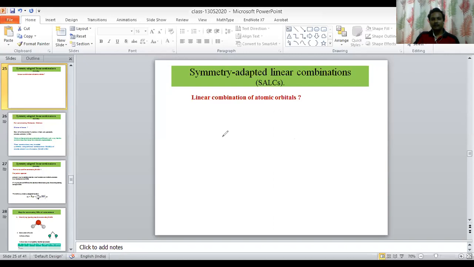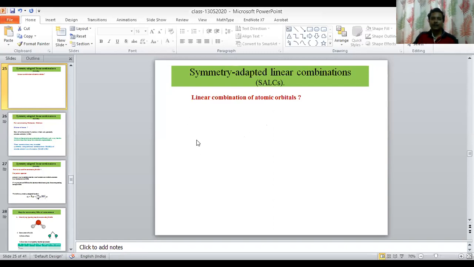So sigma is going to be the plus combination and sigma star is going to be the minus combination. That is the normal way we do it without the symmetry consideration, right?